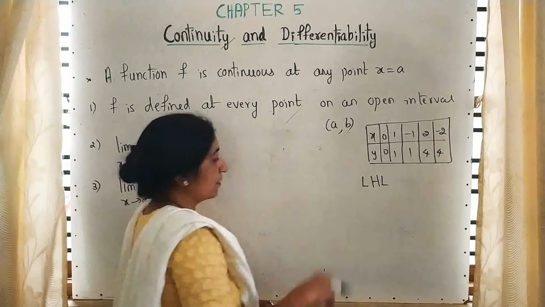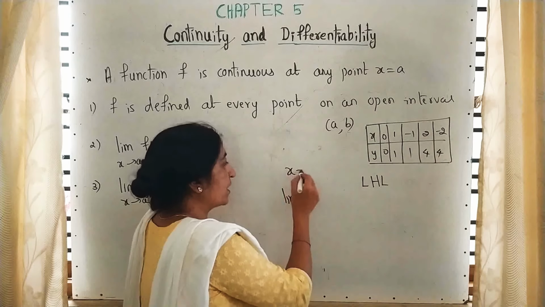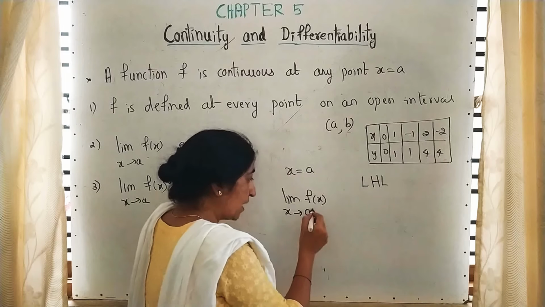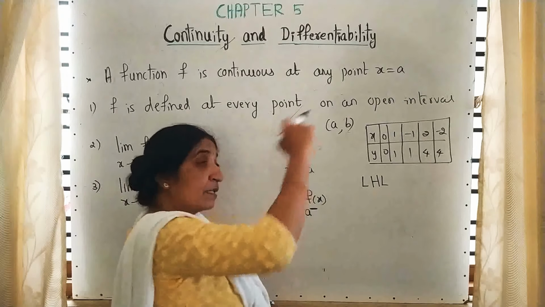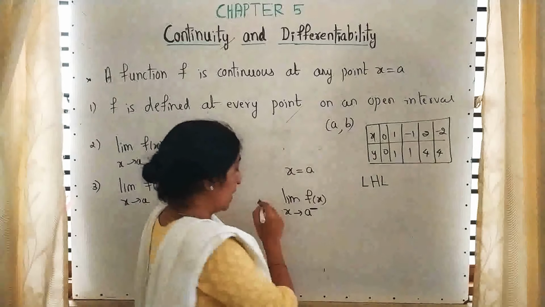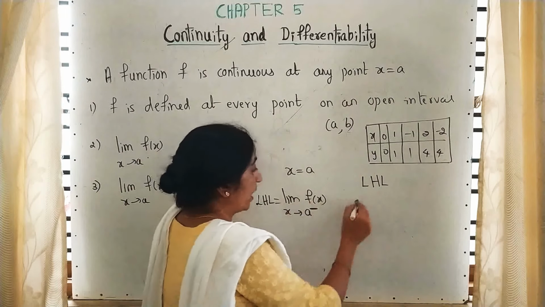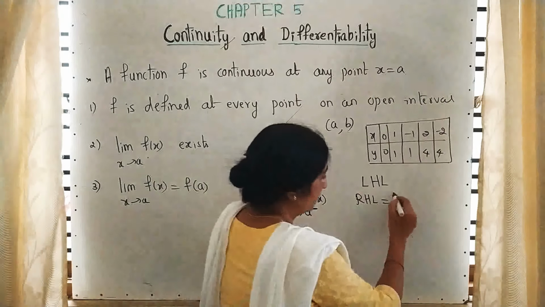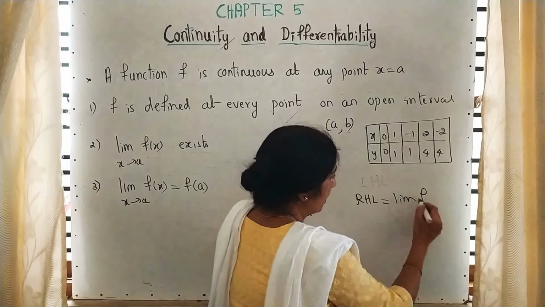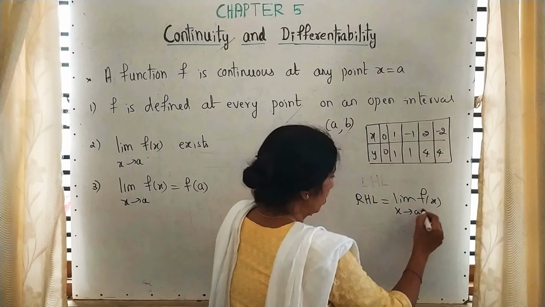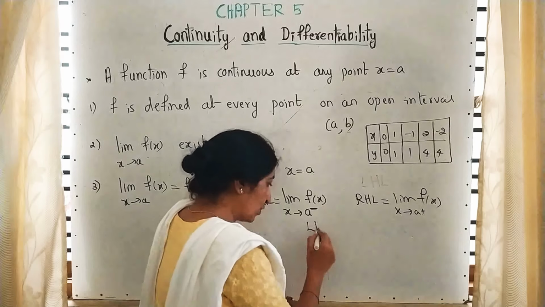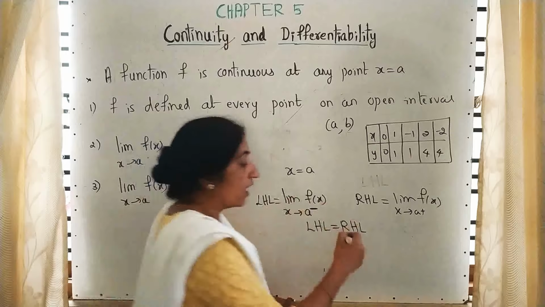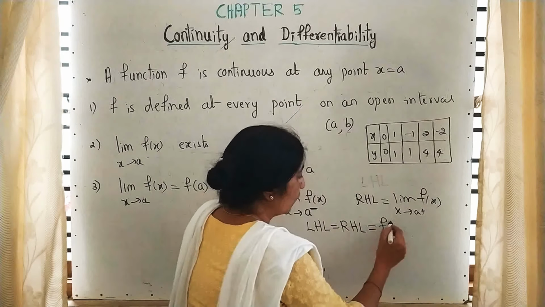Suppose at the point x is equal to a, limit f of x as x tends to a minus, that minus sign above tells you are moving from the left side, LHL, and you have to calculate RHL. They must exist, and the right hand limit is limit f of x as x tends to a plus. If they exist and both are equal, left hand limit and right hand limit are equal, and they are also equal to f of a.